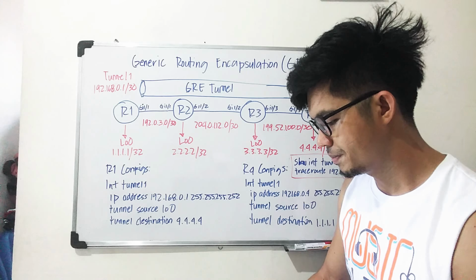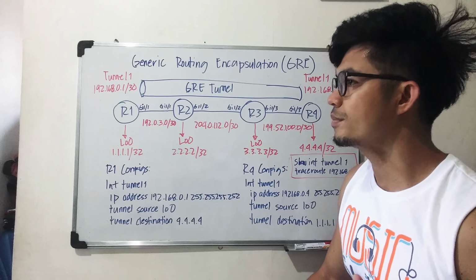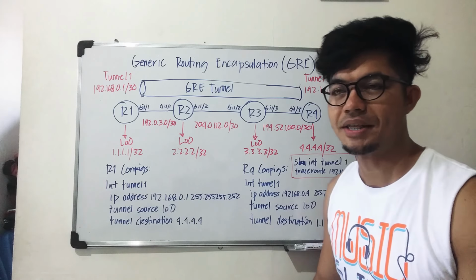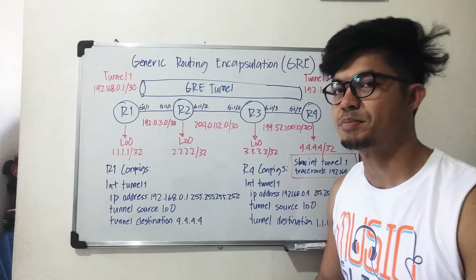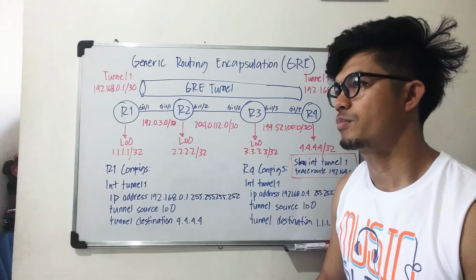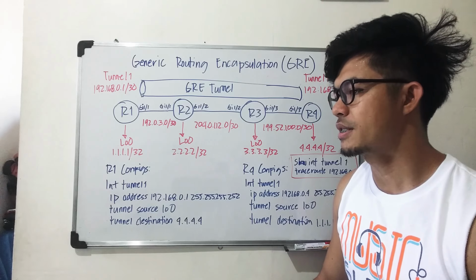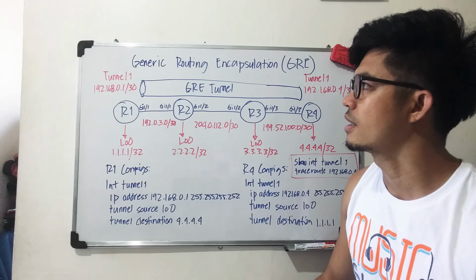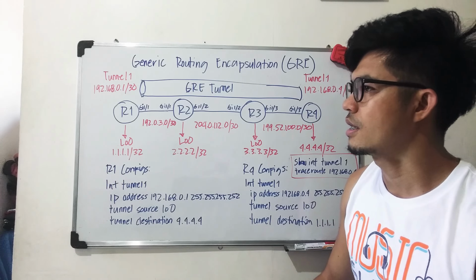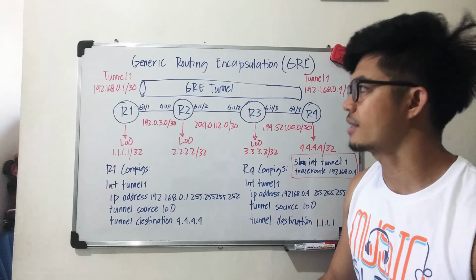And by the way, you might ask, why not use IPsec? Just use IPsec. The problem is IPsec can only encapsulate unicast packets. It can't encapsulate multicast packets or broadcast packets.